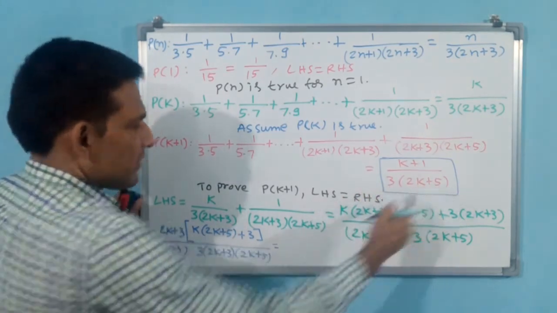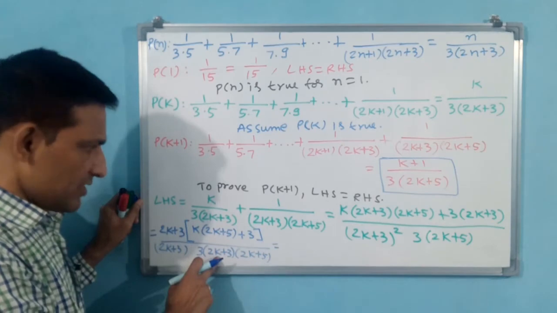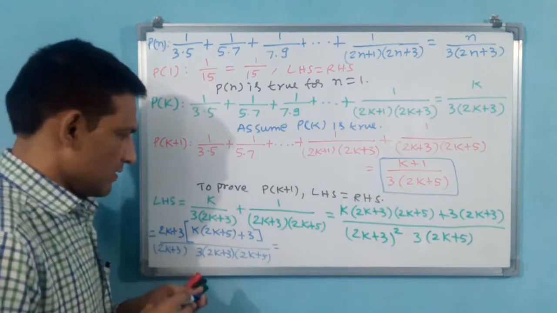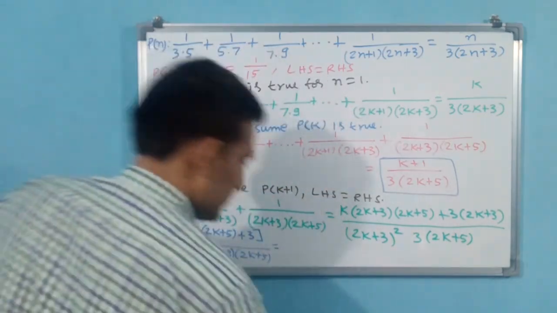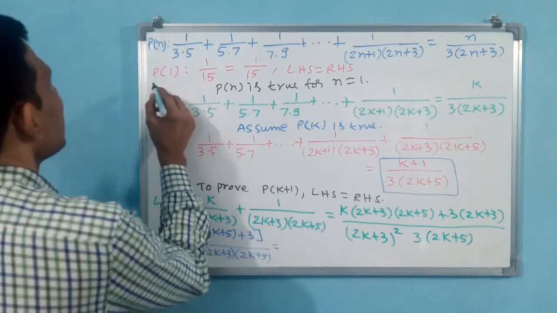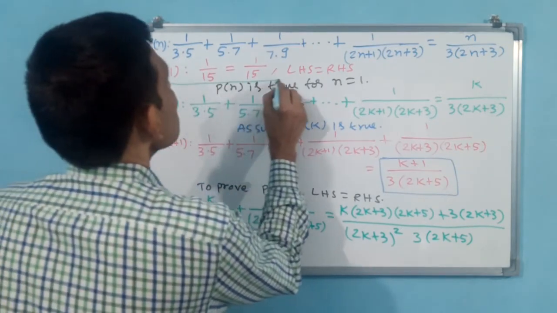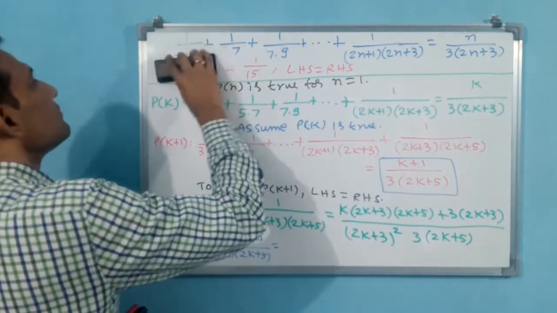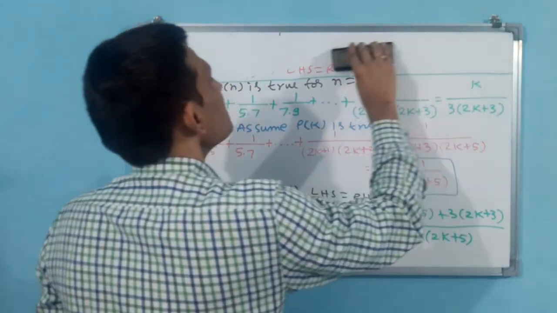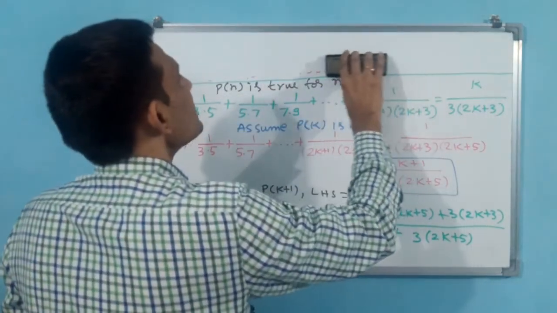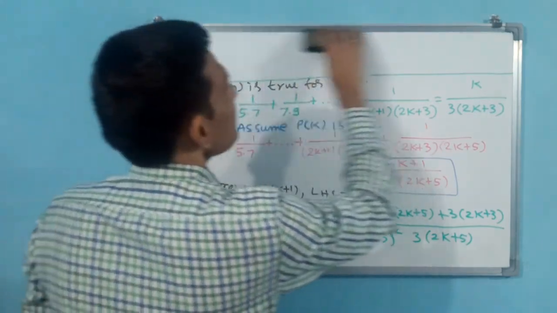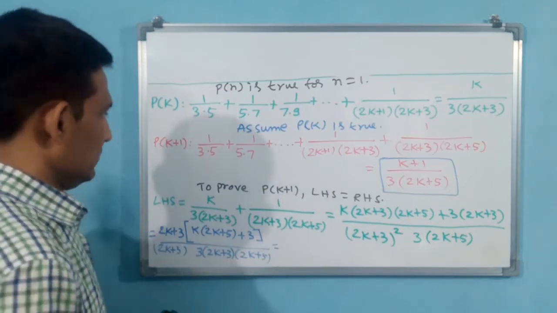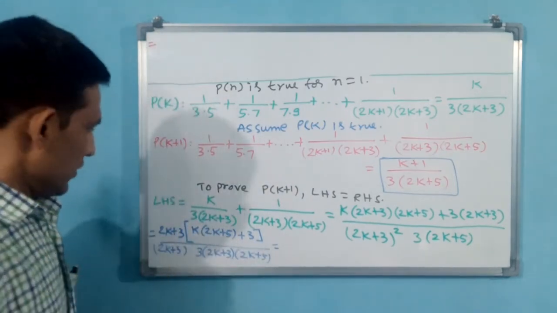Now 3 into 2k plus 5 we want. 3 into 2k plus 5. 2k plus 3 has to be cancelled. I don't think space is there. We'll go to the top. Before going, I have to put one line. Okay, you see, observe carefully.